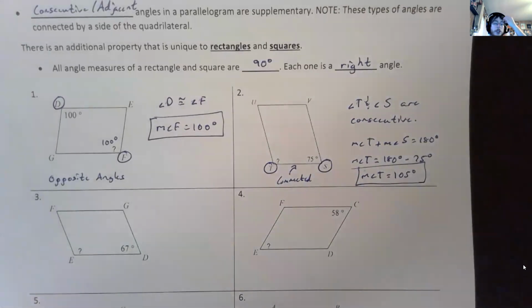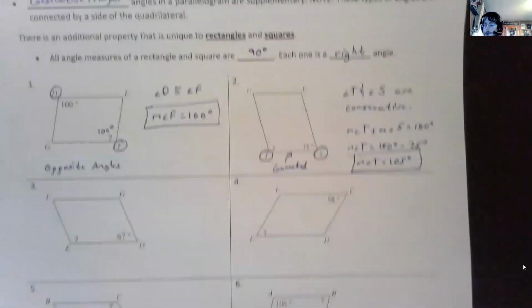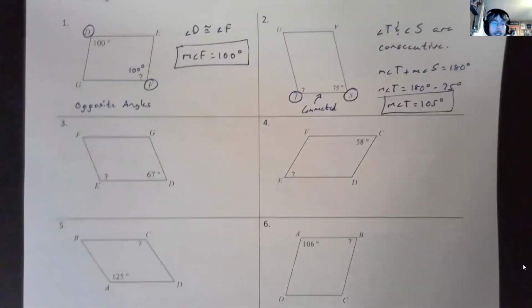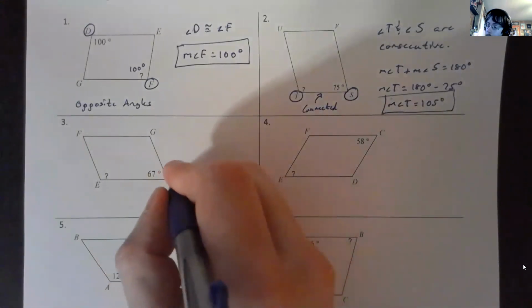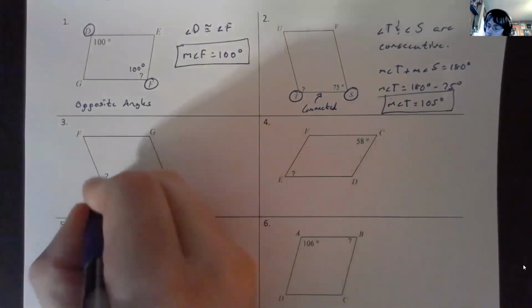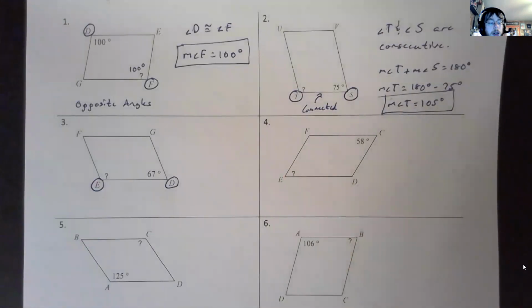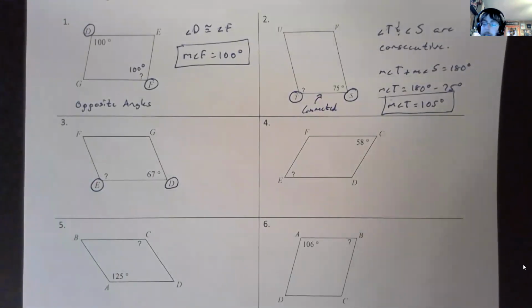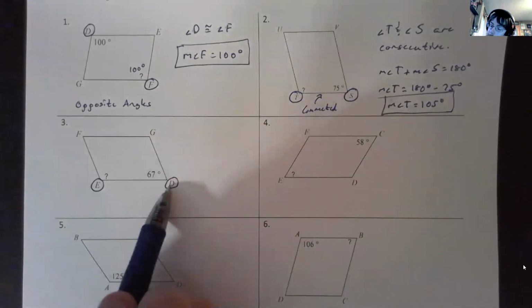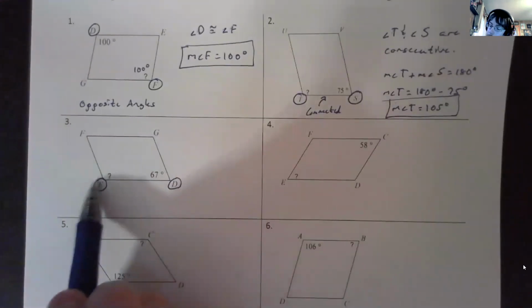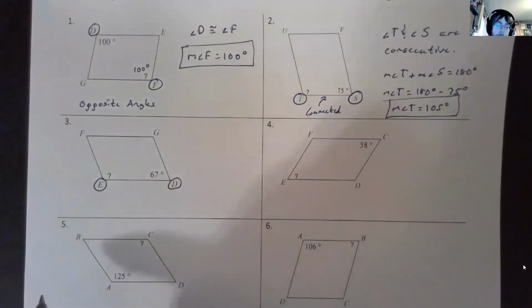All right. Now let's look at number 3. Number 3, we're given angle D and we want to find angle E. So we have to determine, are these angles opposite or are they consecutive? Well, are they connected by a single line of the quadrilateral without having to draw a diagonal or draw multiple lines? Well, if we look here, E and D are connected by this side here. So they're directly connected by the quadrilateral.